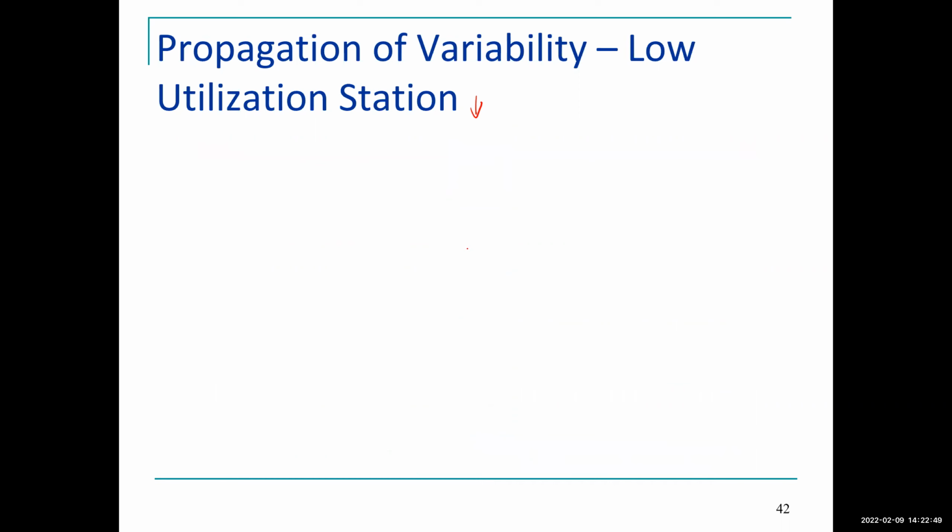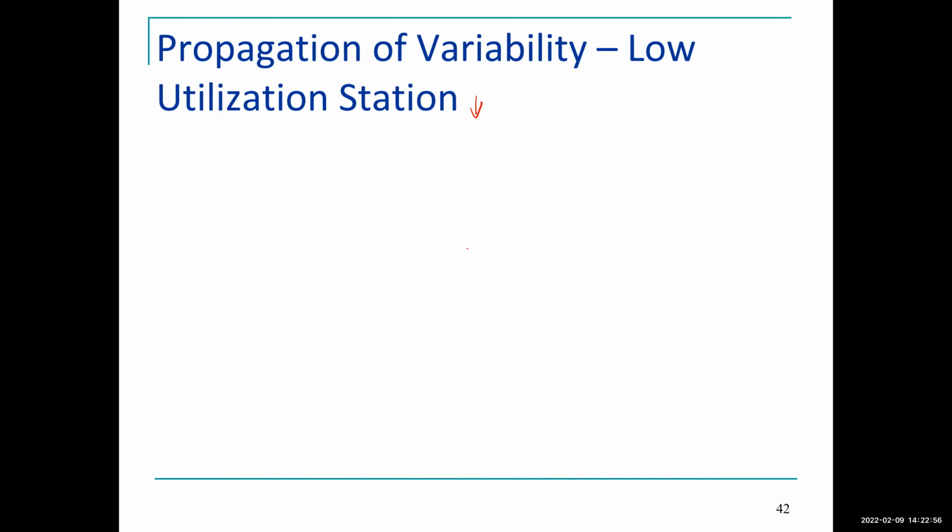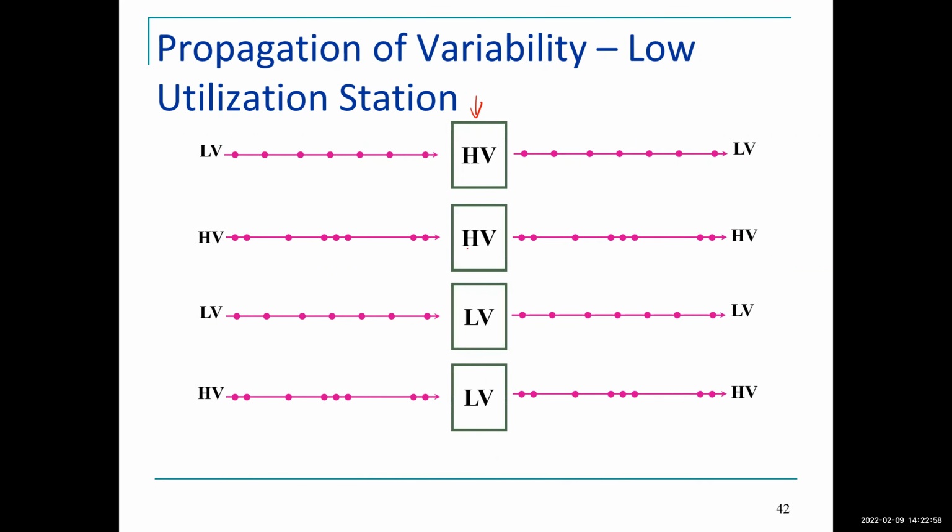So going back here, high variability, low variability gives you a low variability. For a low utilization station, we get high variability, low variability. Since this is low utilization, you have more than enough capacity to process all these entities, and you're going to be processing them as they arrive. Every time they arrive, there's no queue. They're going to go in and they're going to go out.